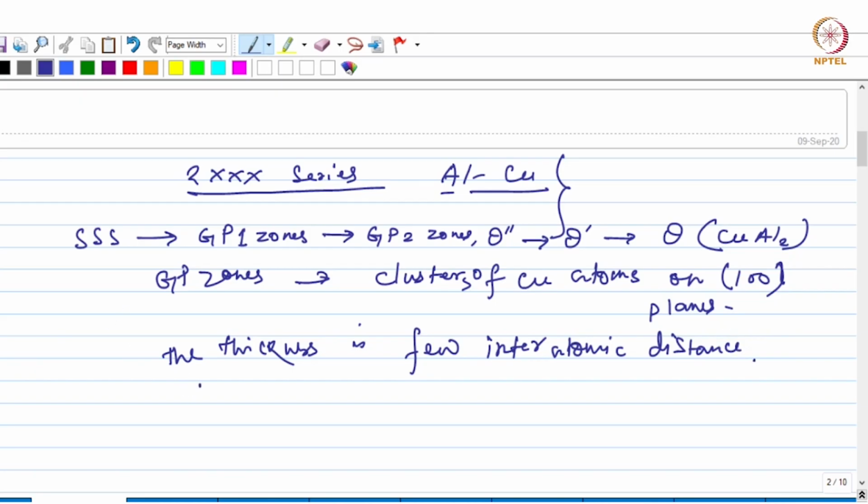And these clusters are surrounded by aluminium atoms and vacancies.